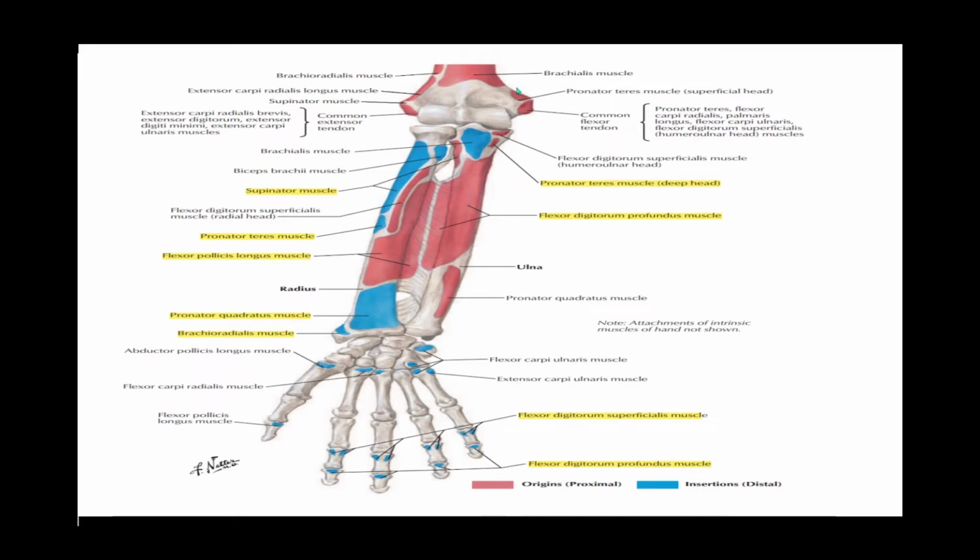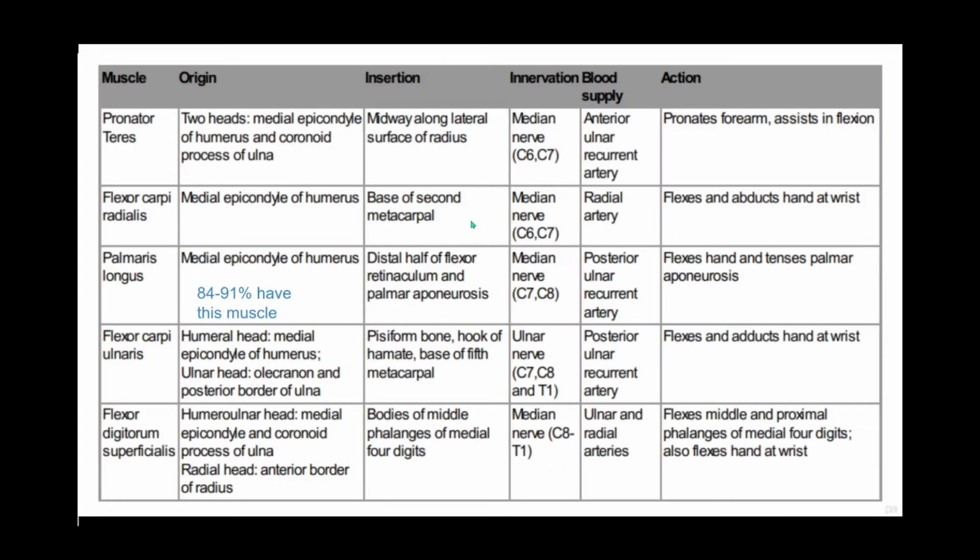The superficial head comes from above the elbow joint, so it contributes. It's not a primary or a major elbow flexor. The major elbow flexors are the biceps and brachialis, but it contributes to the flexion of the elbow.